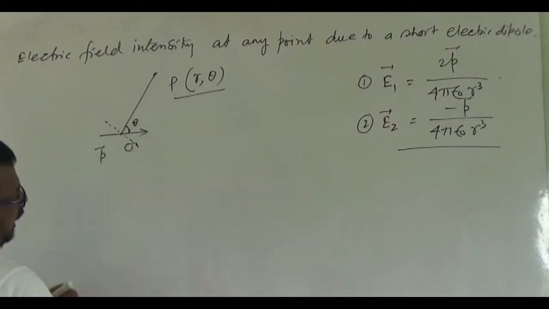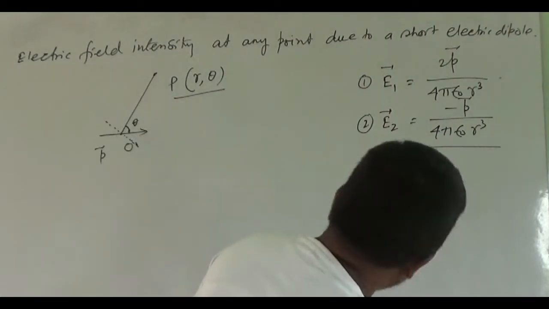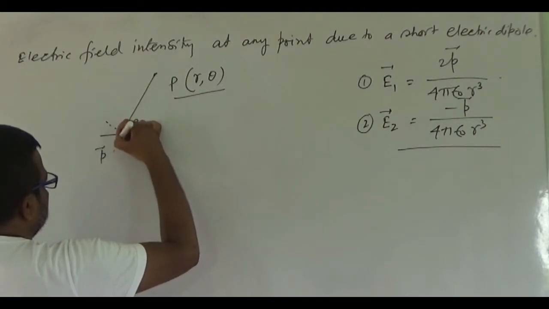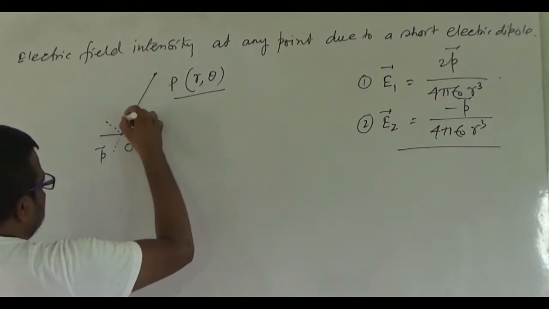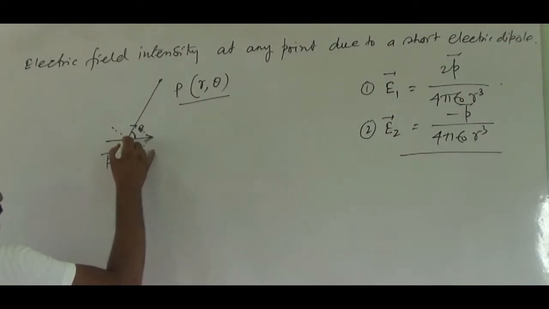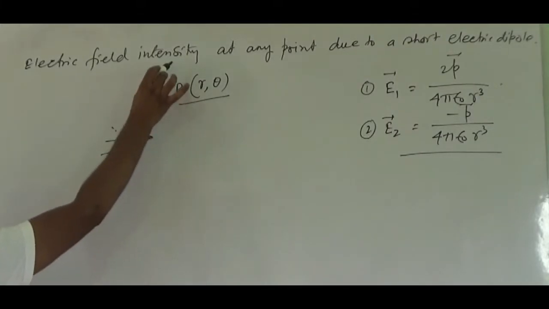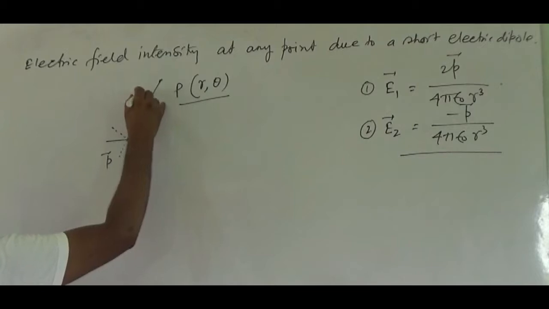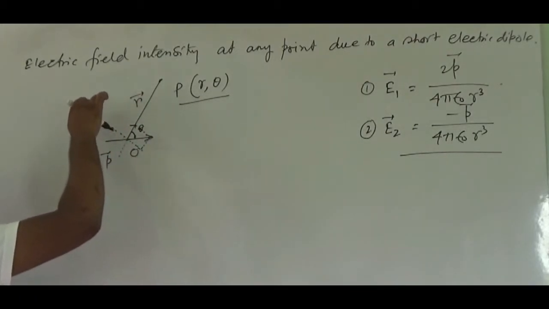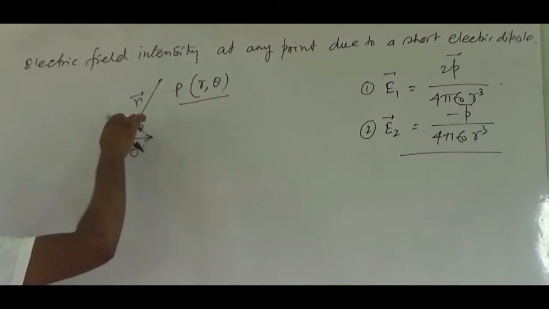Clear? The electric dipole moment is divided into two components. One is along the OP vector, that is along the r vector, and the other component is perpendicular to the OP vector, that means perpendicular to the r vector.